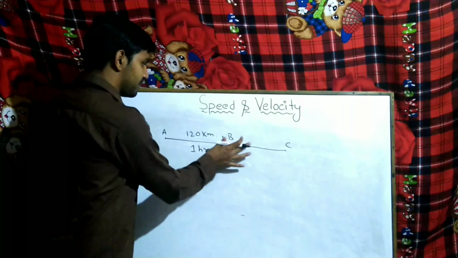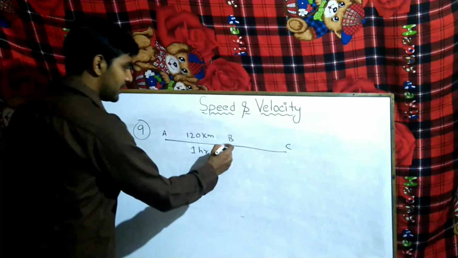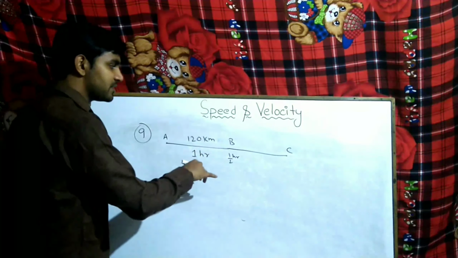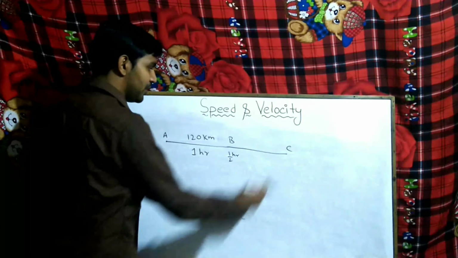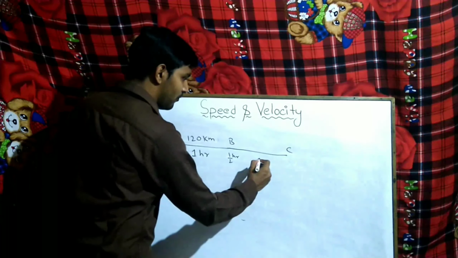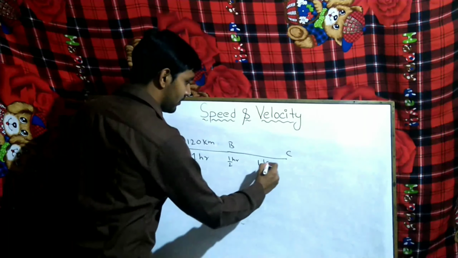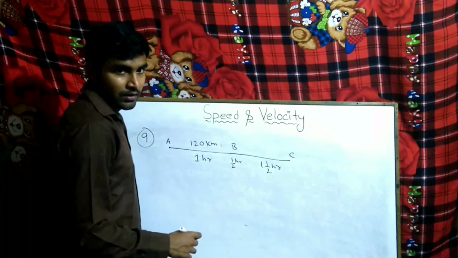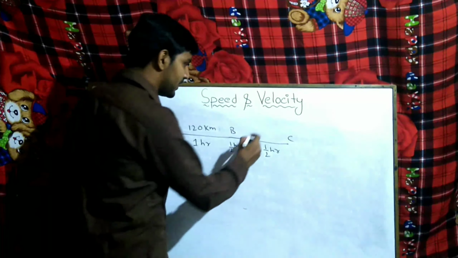Okay, this is distance, and it rests at B half an hour more. Then again it starts its journey from B to C. It takes time 1.5 hour. Okay, and it completes distance how much? 100 kilometer per hour.